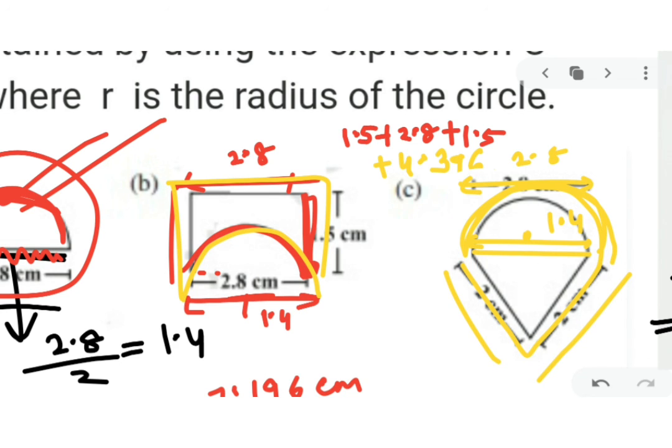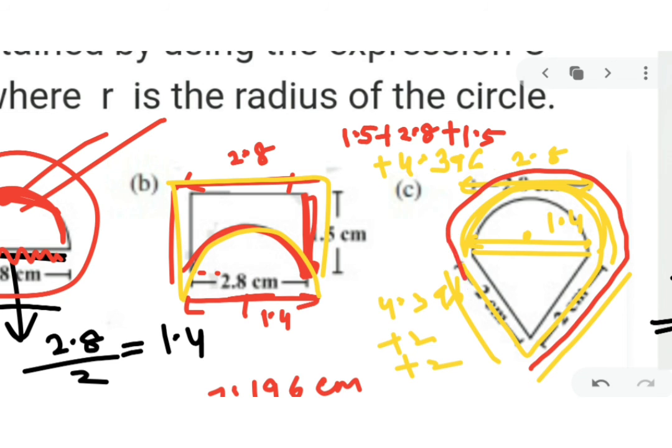Am I getting clear with this? Are you getting clear with this? Okay. Then we are going to take the circumference which we already had, that is 4.396 plus 2 plus 2. So in a way, the ant has to go from here to then this circumference, then this 2.